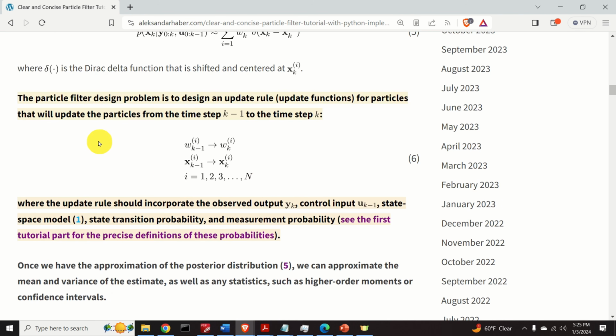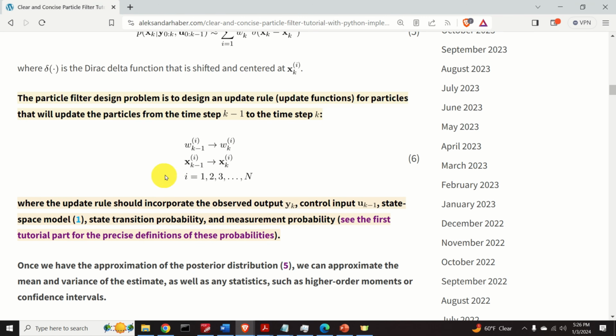The particle filter design problem is to design an update rule or update functions for particles that will update the particles from the time step k-1 to the time step k. That is, we search for an update rule denoted by this right arrow over here that will update the weights and that will update the state samples.